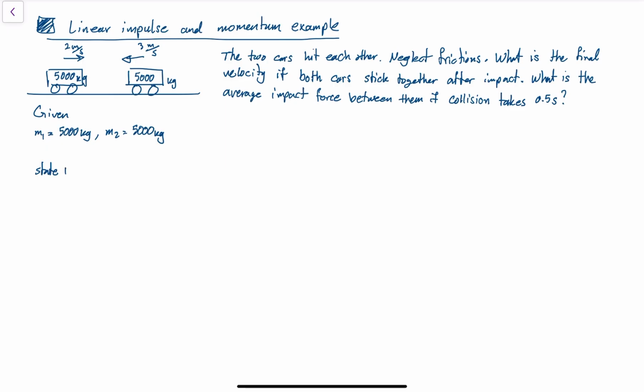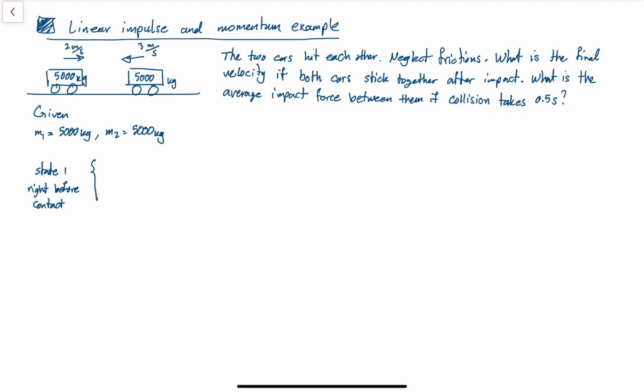This is right before contact. And we have two objects. Object 1, well, we don't really care about the positions. Everything, at least in theory, happens very fast.